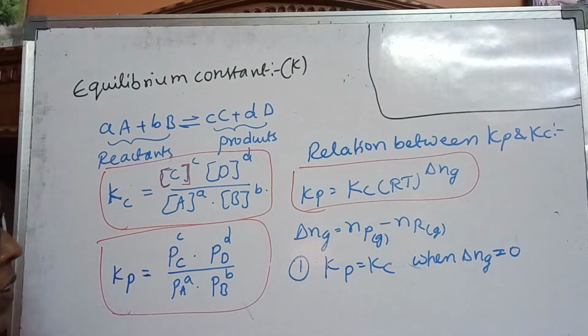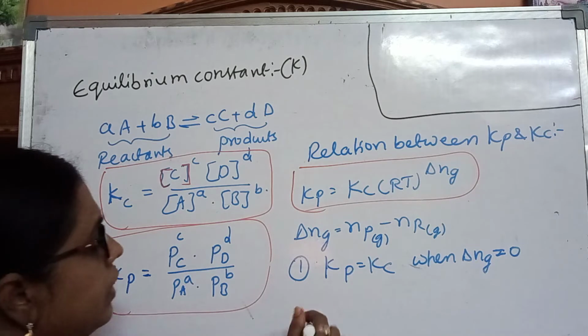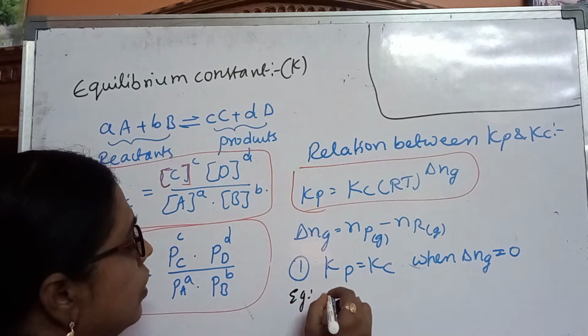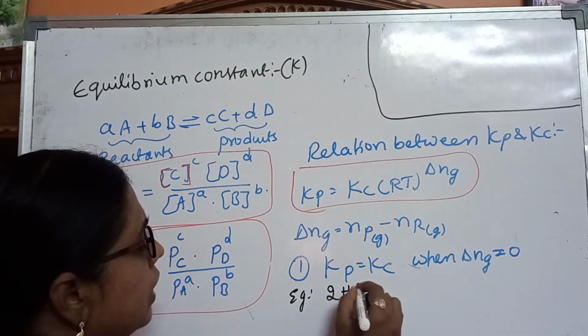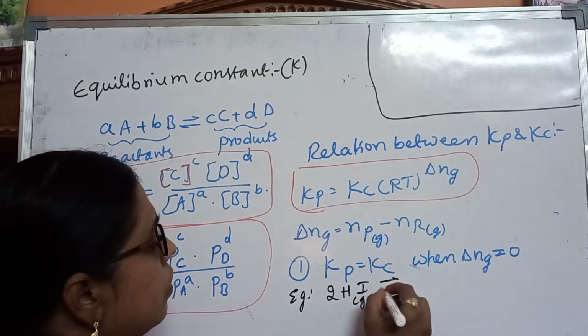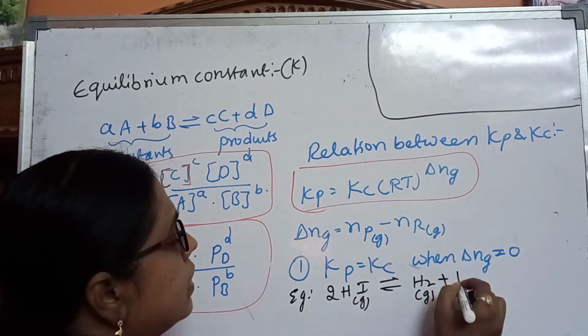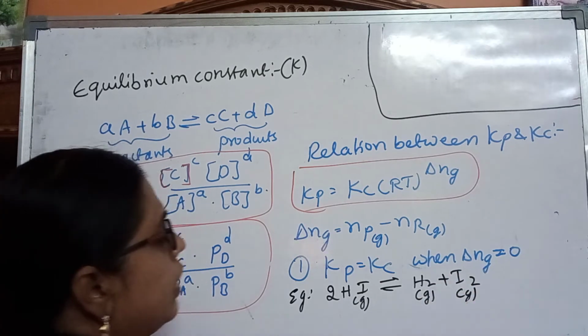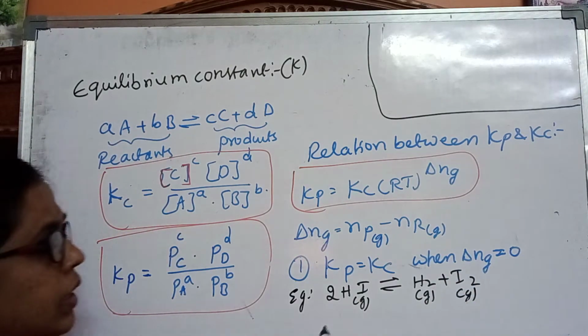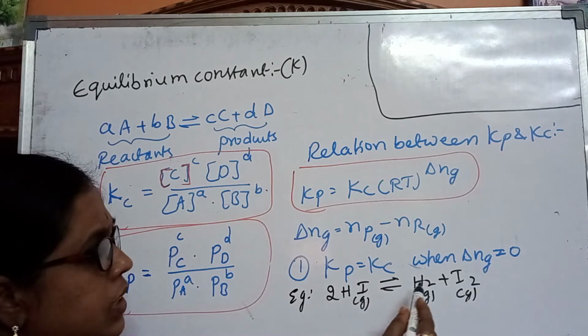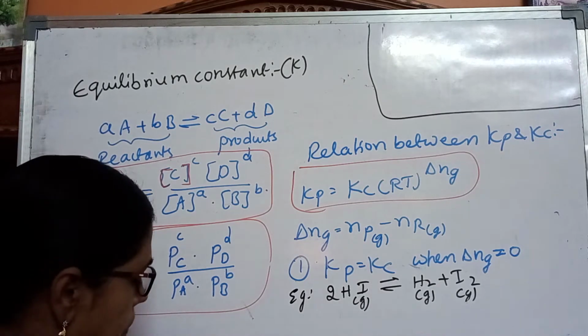For example, take the reaction where 2 moles of HI gas dissociates, considering only the gaseous state, to give 1 mole of H2 and 1 mole of I2.